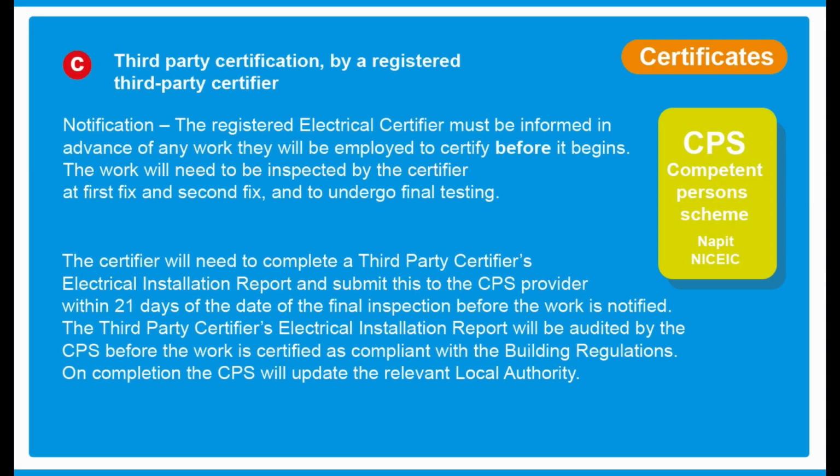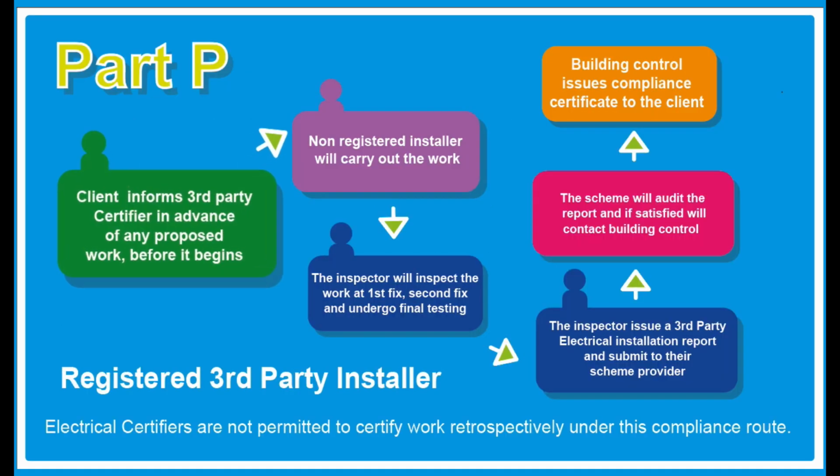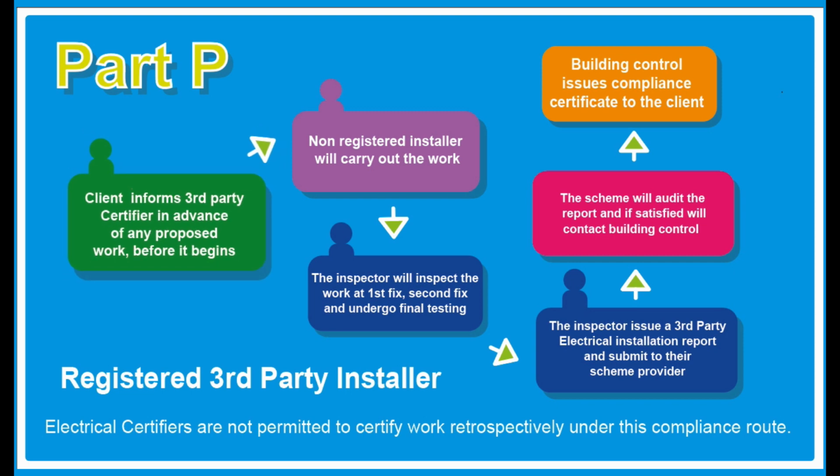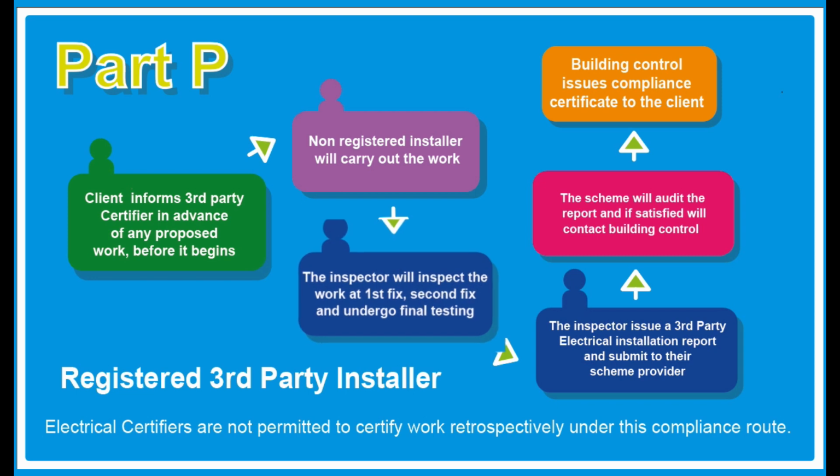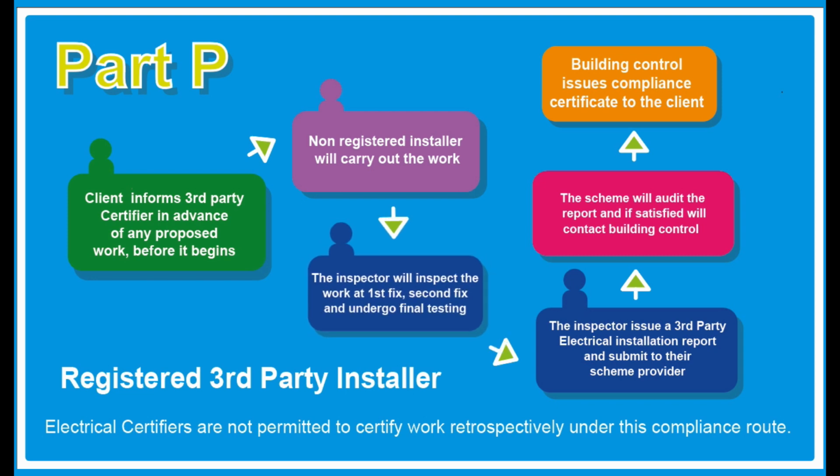With third-party notification, the client has to inform the inspector of any proposed work before it begins, and they will arrange a schedule to come around and check with the client and with the installer. Then the inspector will come round and inspect the work that the installer does over first fix, second fix, and undergo final testing.